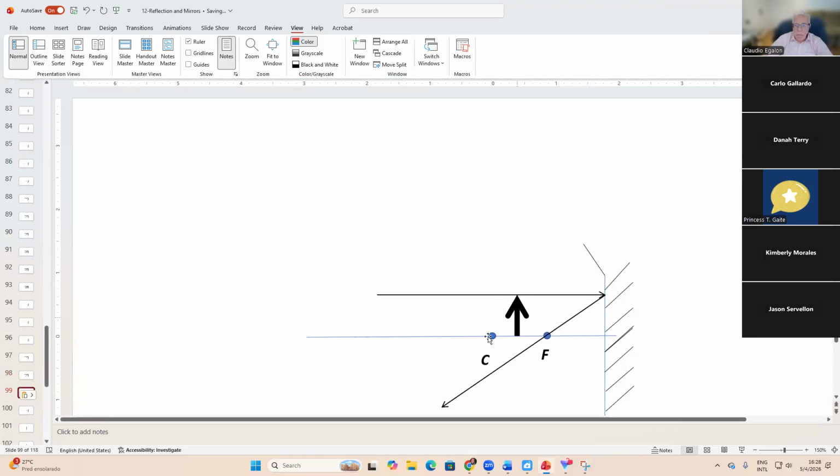Why is the thing here? Ah, I know why. I forgot to reposition it. Let's reposition it. Focal point. No, this one should be before. Now it's good. Mirror, principal axis.